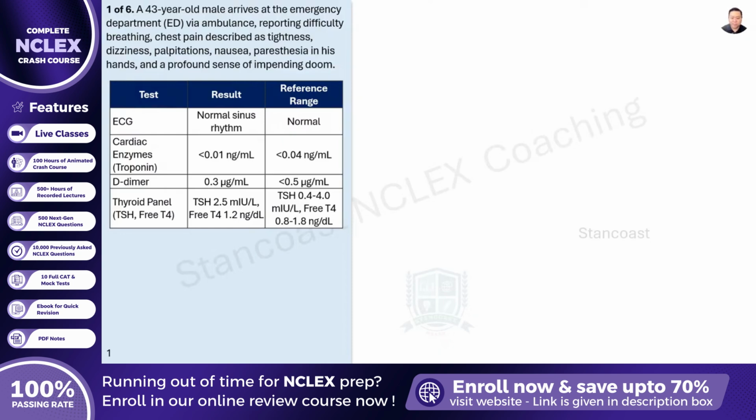And we have the following diagnostic tests and lab results: ECG showing normal sinus rhythm, cardiac enzyme showing troponin at this time less than 0.01, D-dimer of 0.3 micrograms per ml, and the thyroid panel. We have a TSH level of 2.5 milliunits per liter, and free T4 1.2 nanograms per deciliter.